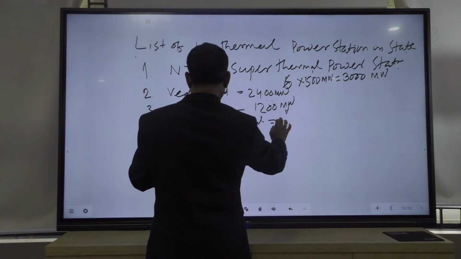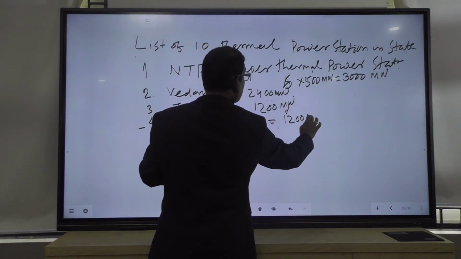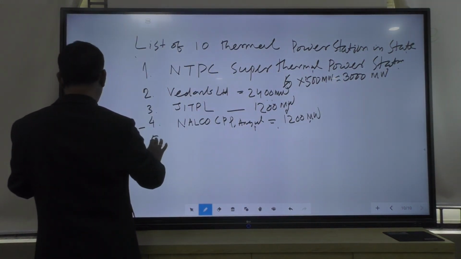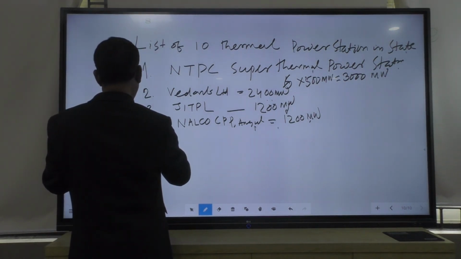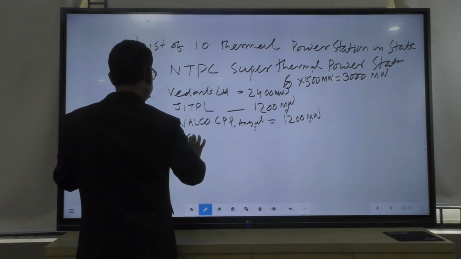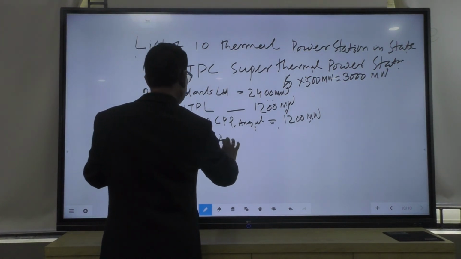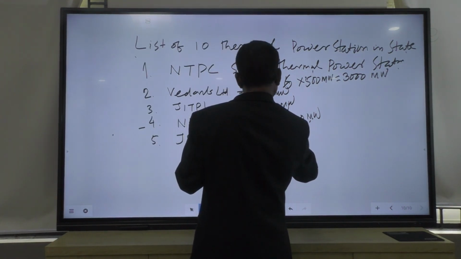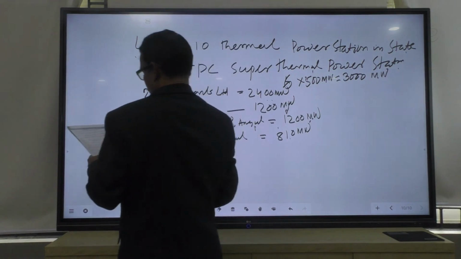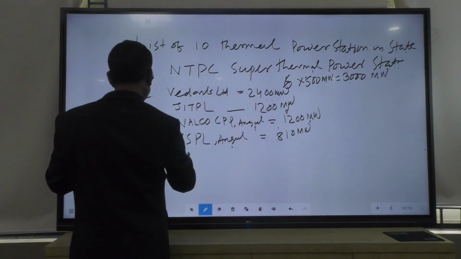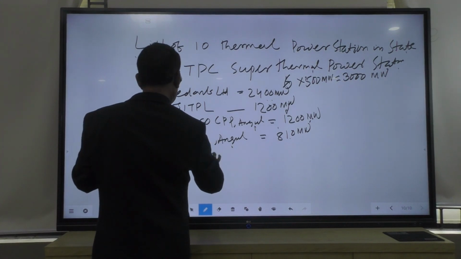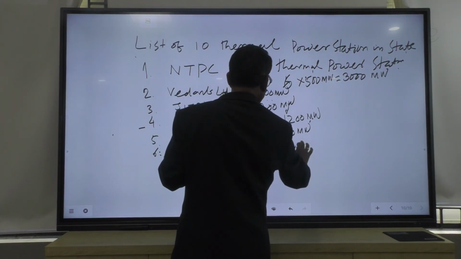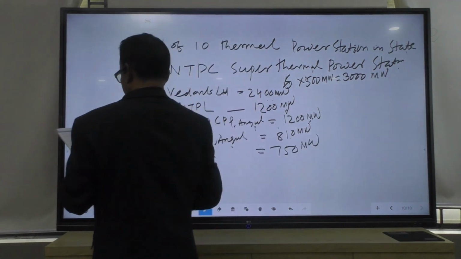They are producing the same, 1200 megawatt. Number 5 is JSPL in Angul, producing 810 megawatt. Then Aditya Power Limited, producing 750 megawatt.